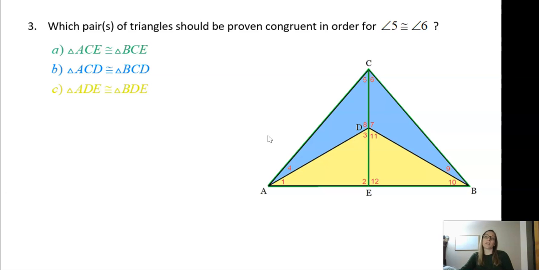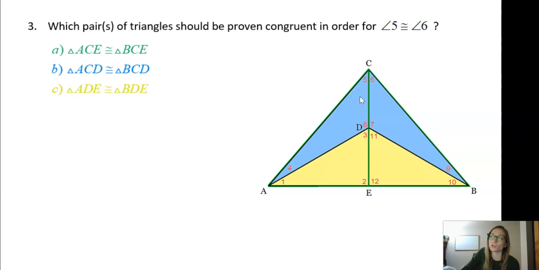Okay, so let's try one more together. This one says which pair of triangles should be proven congruent in order to prove angle 5 congruent to angle 6. Angle 5 and angle 6 are part of the blue triangles, right? So right away we can say, if ACD was congruent to BCD, then I could easily say that angle 5 is congruent to angle 6. But angle 5 and 6 are also part of larger triangles.